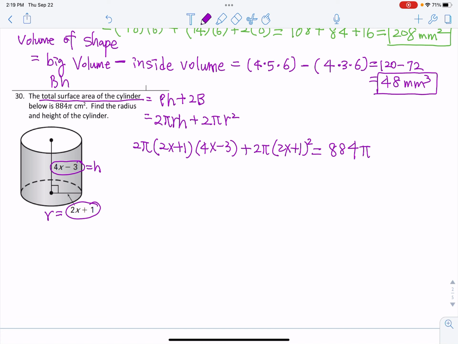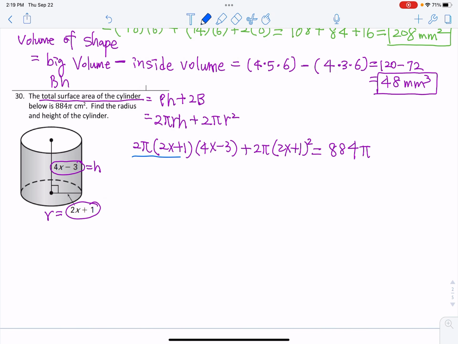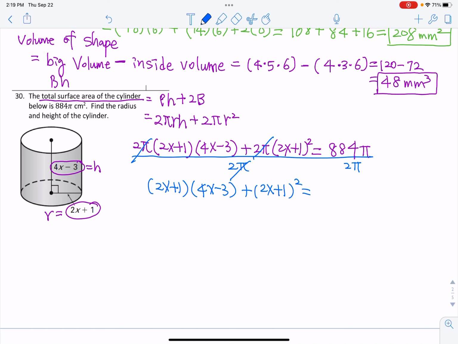Everything has a 2 pi as a common factor, so I will divide everything by 2 pi. Then this will cancel out, and we'll give you 2x plus 1 times 4x minus 3, plus 2x plus 1 to the square, equal to 442.